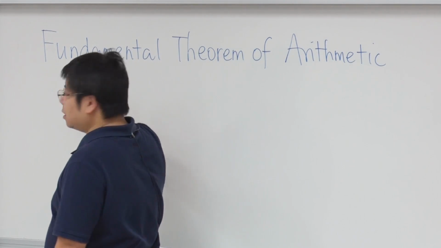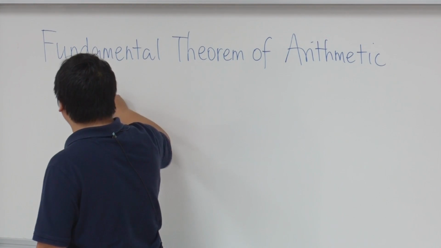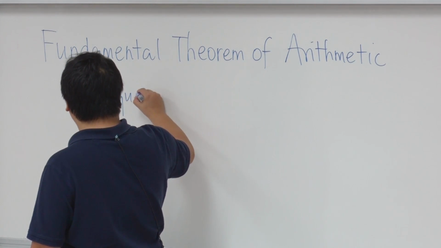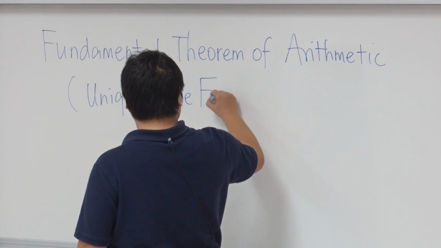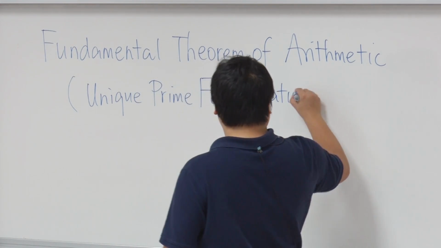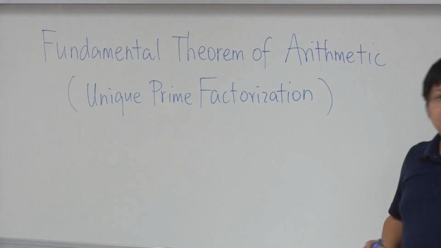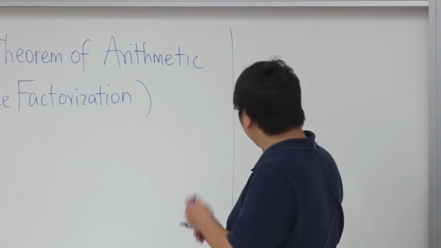This is actually like each integer has a unique prime factorization. So how can we prove it? Okay, so one thing is that this is what we have talked about last time.